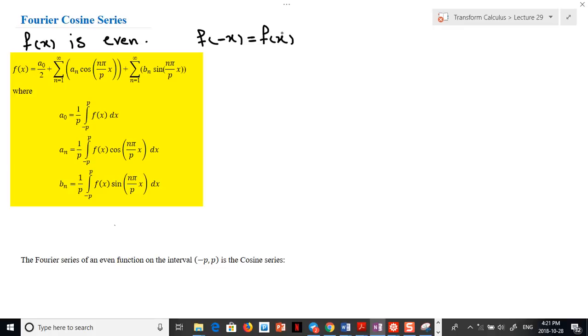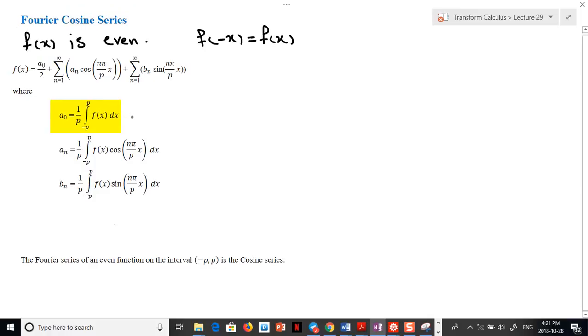And a0 is equal to 1 over p, the integral from minus p to p of f(x) dx. An is equal to 1 over p, the integral from minus p to p of f(x) cosine(n pi over p x) dx, and bn is equal to 1 over p, the integral from minus p to p of f(x) sine(n pi over p x) dx.